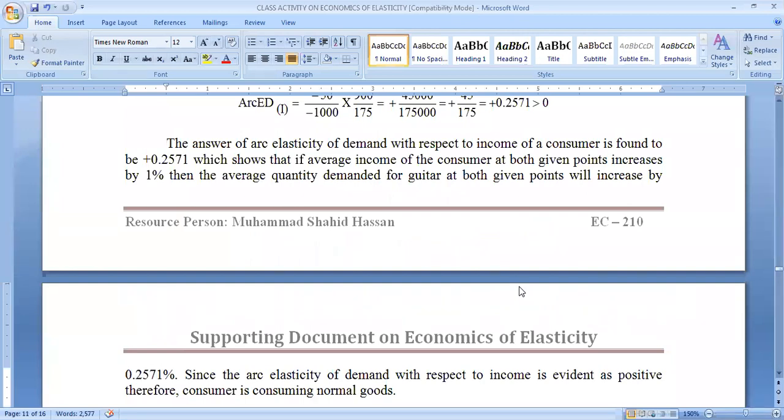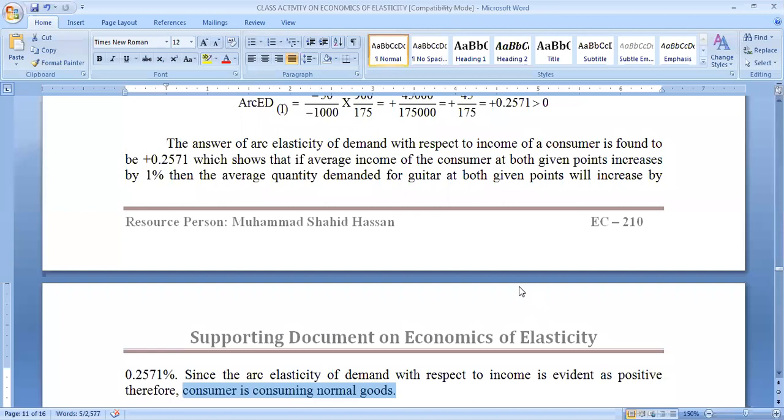Since the sign is positive, by increasing average income by 1%, the average quantity demanded for guitar will also increase by 0.2571%. Since the arc elasticity of demand with respect to income is positive, therefore the consumer is consuming a normal good.